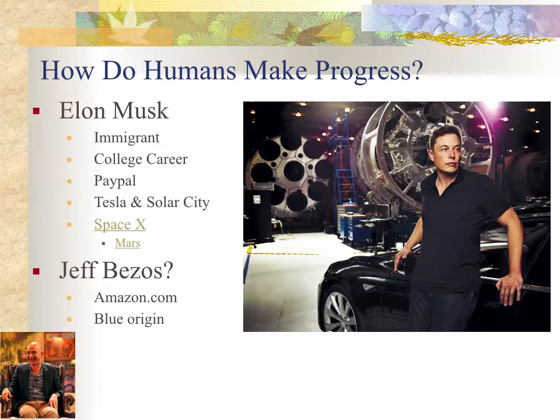So, there I've got a picture of Elon Musk. He's the owner of Tesla, the auto brand that's making electric cars, really good electric cars. He's also the owner of Solar City, a big solar company that's installing solar panels on the roofs of houses and buildings in the western part of the United States.